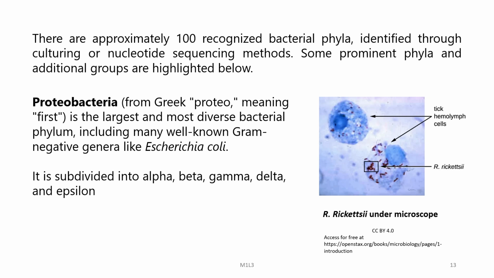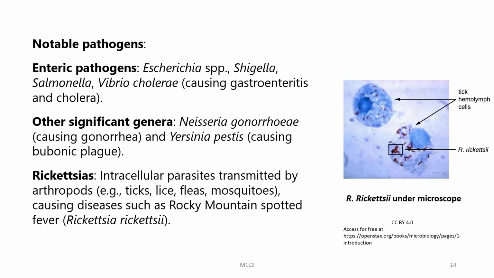So, let us start with Proteobacteria. It comes from the word proteo, meaning first, and it is the largest and most diverse bacterial phylum, including many well-known gram-negative genera like Escherichia coli. It is subdivided into alpha, beta, gamma and delta, and also epsilon. So, here you can see an example of Rickettsia under the microscope. Some of the notable pathogens under these are enteric pathogens like E. coli or its relatives.